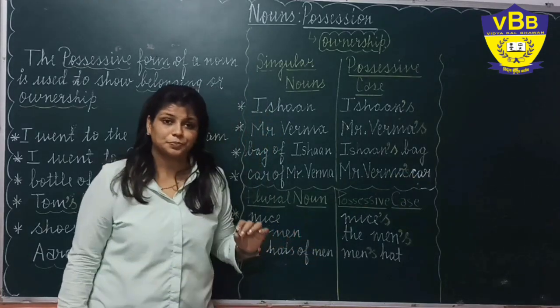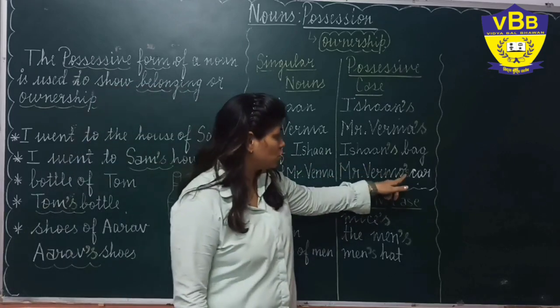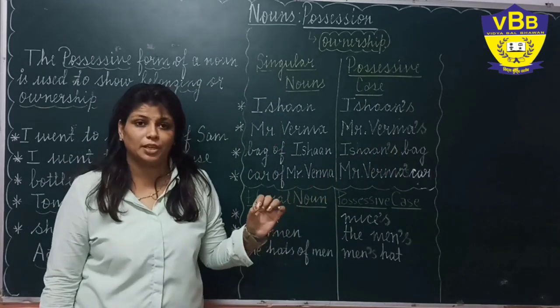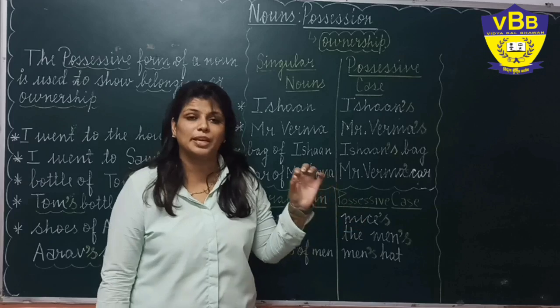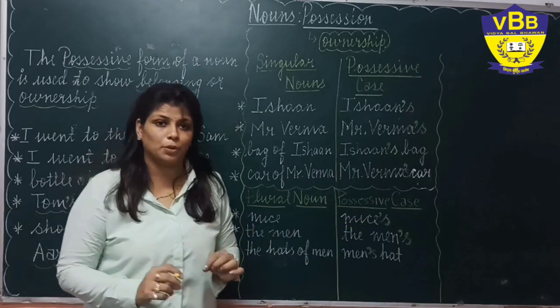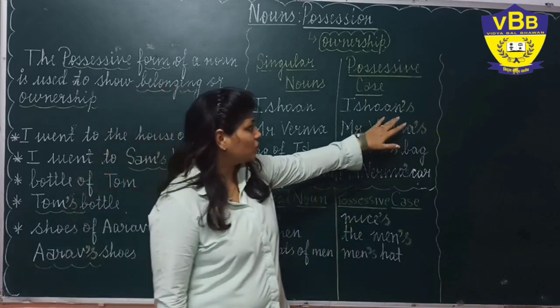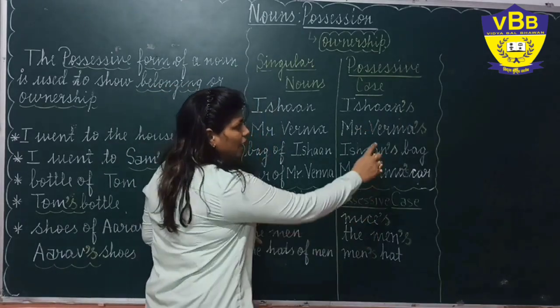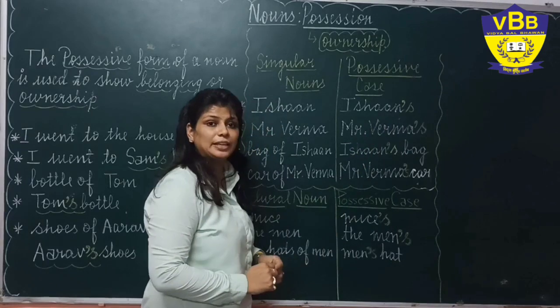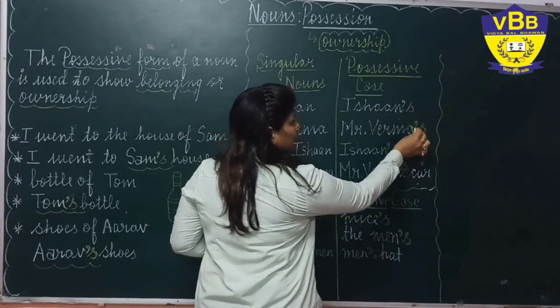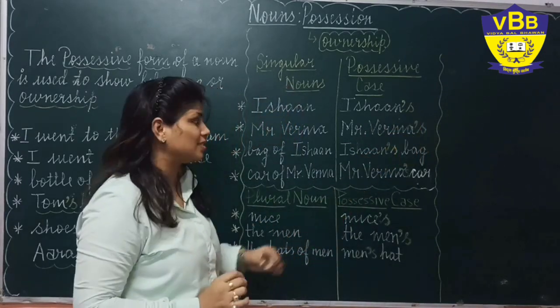And children, you have to make these punctuation marks very properly. Okay, the apostrophe has to be made clearly and it should be proper. Okay, and children, one thing you have to keep in mind that, see here, wherever I have made apostrophe S, I have not joined S and the last letter.